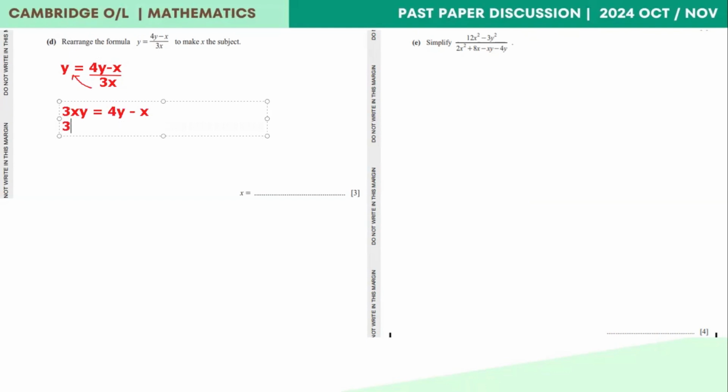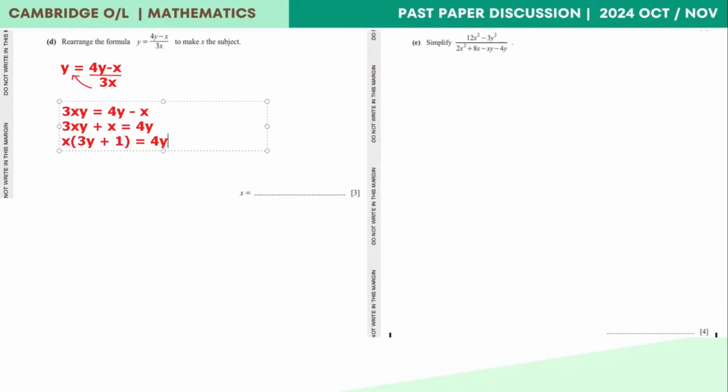If we take it to the left, minus x when it moves to the left becomes plus x equal 4y. So now we can factorize this. We have x in both 3xy and x. So if I factorize it, x will come out, 3y plus 1 is equal to 4y.